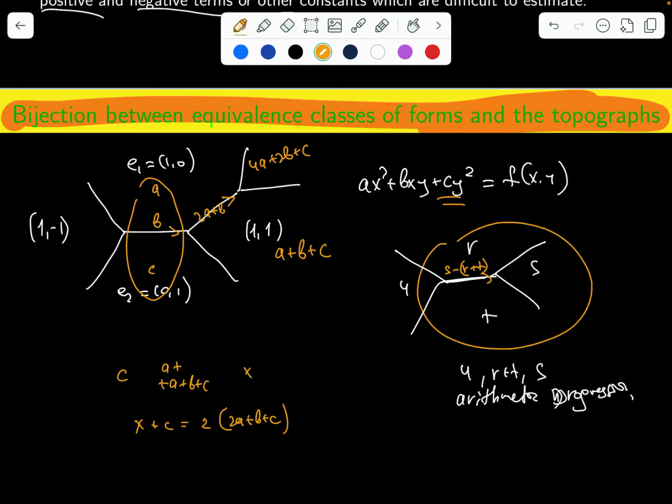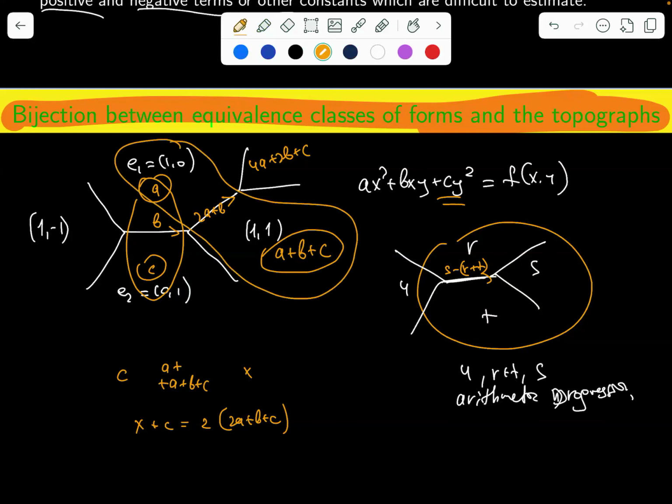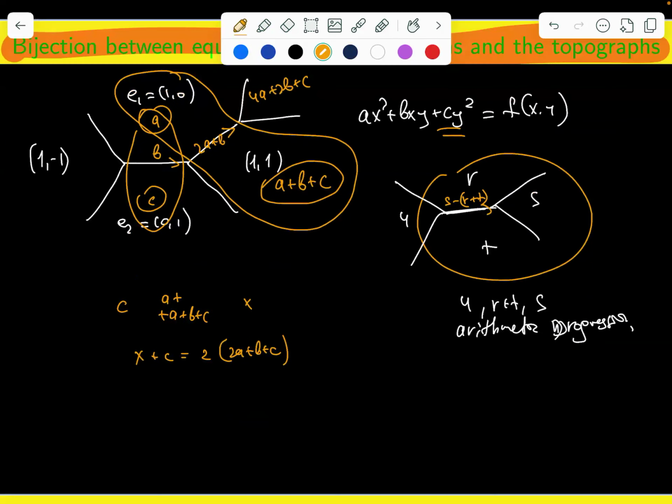Right, because it's A plus B plus C minus C. Right, 2A plus B. Good. Now let's look at this part here. Again, here we have the value A. On the edge, we have 2A plus B, and here we have A plus B plus C.